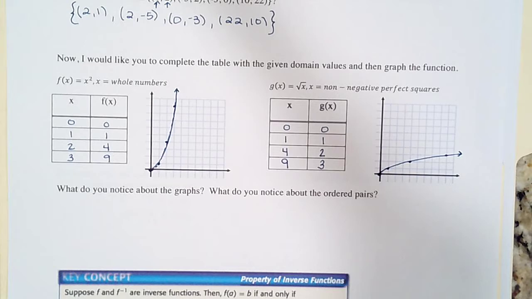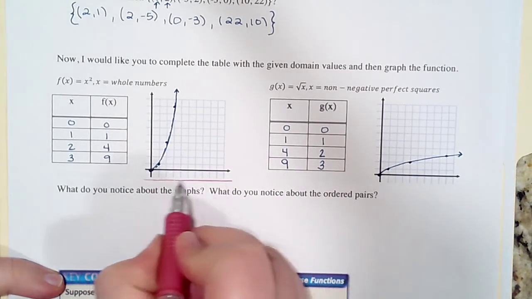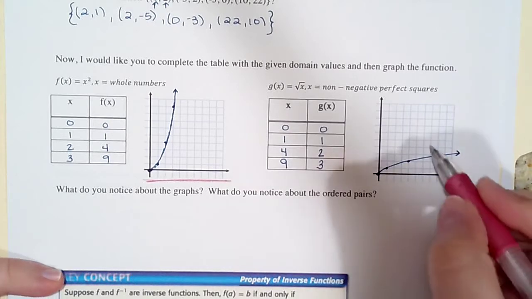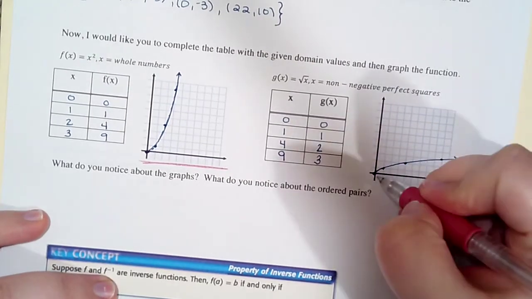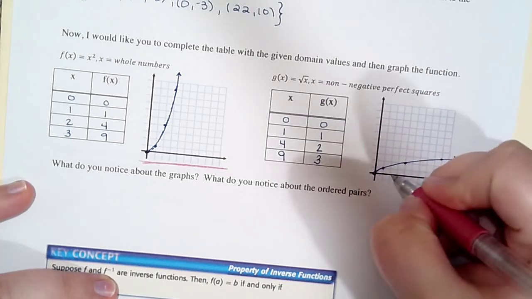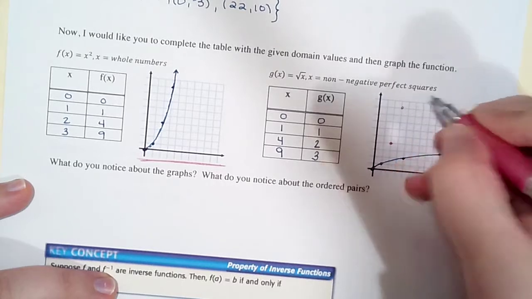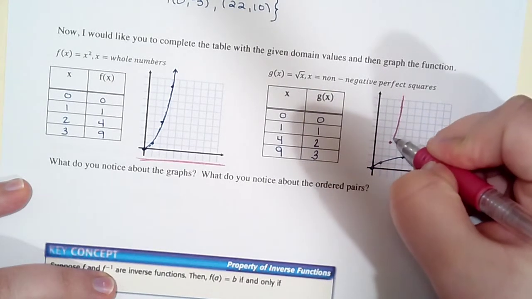Let's pick a different color here quick. I'm going to bring this graph in pink over onto this graph so that you can see it. 1 goes to 1, 0 goes to 0, 2, 4, 3, 9. And then I'm just going to sketch this in.